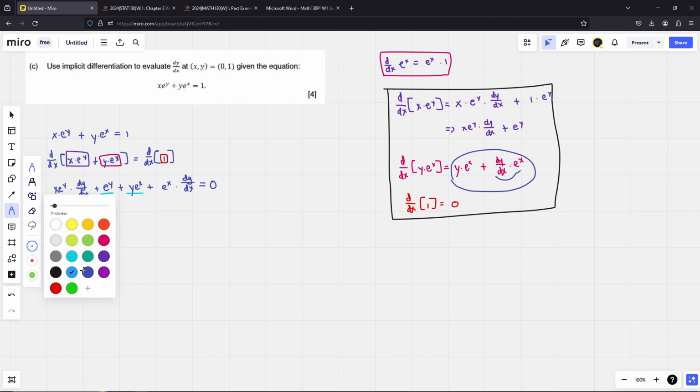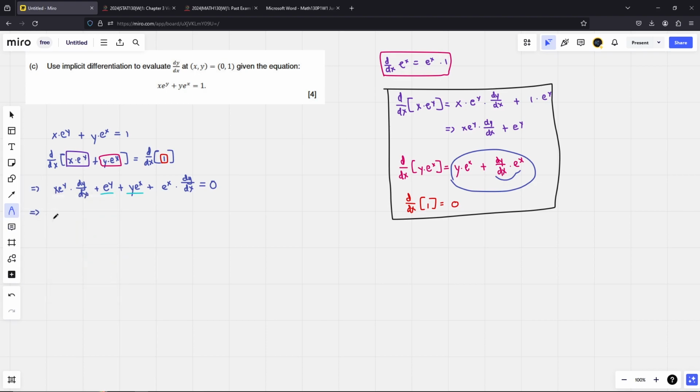So if I do that, I'm going to have, well, x e to the y multiplied by dy by dx plus e to the x multiplied by dy by dx is going to be equal to, moving these two terms, this is going to be minus e to the y and then minus y e to the x.